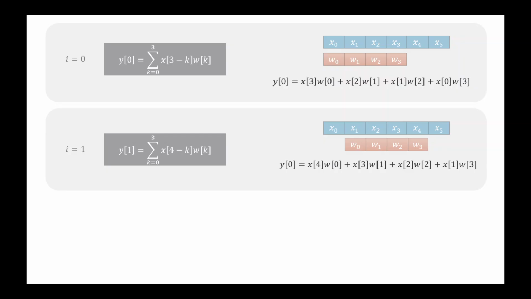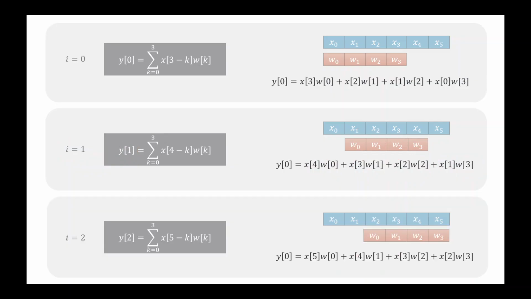If I want my y at position 1, which means that i equals 1, what I do is I shift w to the right, and I do the same cross multiplication and then summation. So w0 multiplies with x4, w1 with x3, w2 with x2, and then w3 with x1, like that. And then do the summation to get y at position 1.